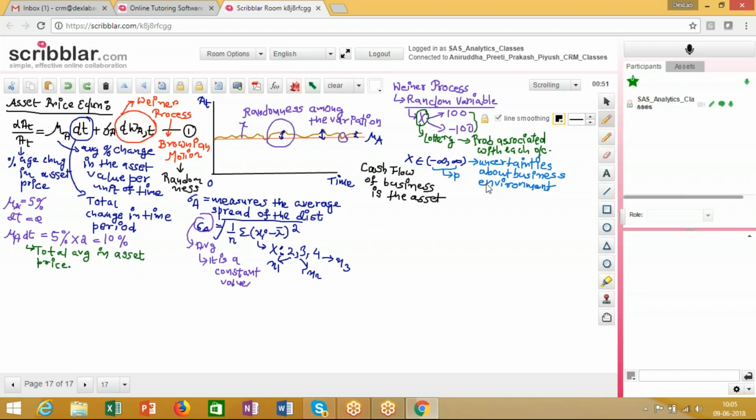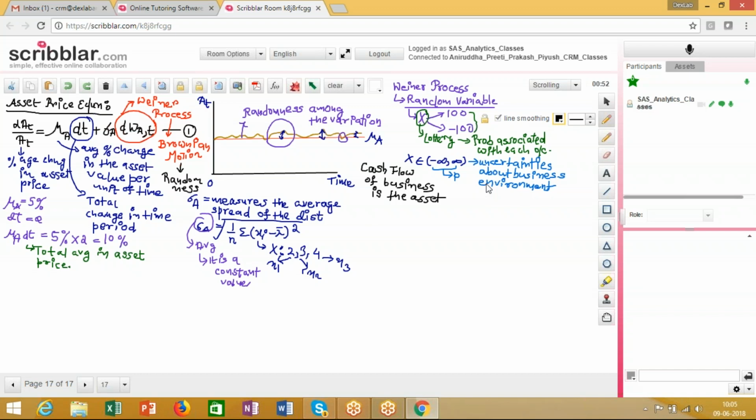Any evolution in cash flow, your cash flow will grow at a constant or average rate. Similarly, there would be a randomness among the variations. And it is this randomness or uncertainty in the business situation which will cause a variation in the cash flow. Higher the uncertainty, higher would be the variation.